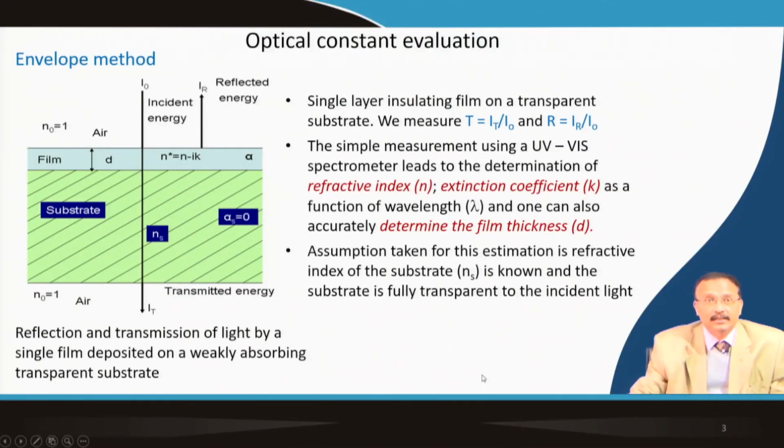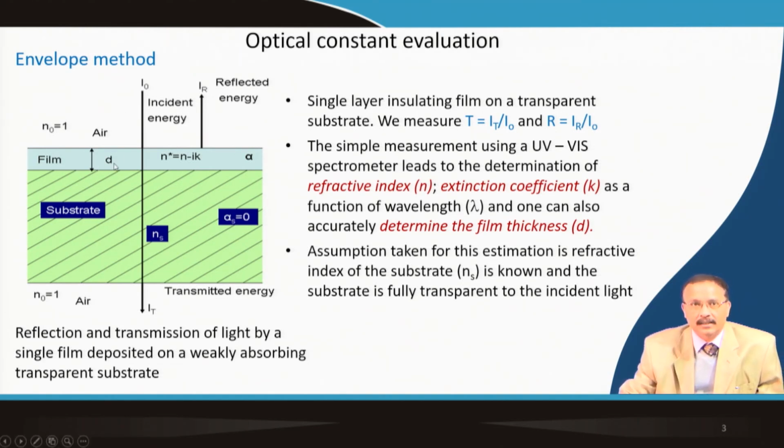Now, consider a substrate which is transparent in nature, and on top of it a single layer of insulating film is deposited by the techniques that I have already introduced. You can use pulse laser deposition, chemical vapor deposition, or sol gel to make this kind of dielectric film coated on a transparent substrate, and eventually using a spectrometer you measure the transmittance and the reflectance.